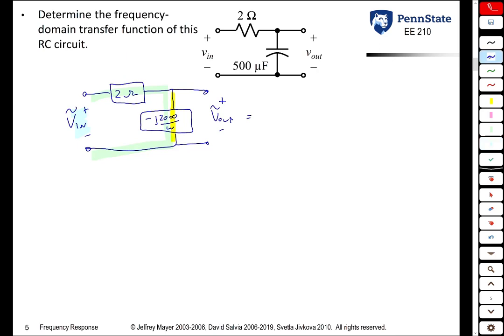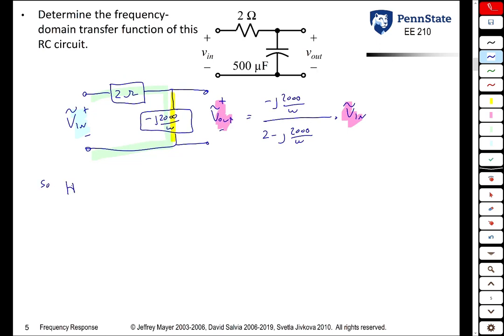So V out phasor is minus j 2000 over omega over 2 minus j 2000 over omega times V in phasor. So the transfer function is just the ratio of output over input.